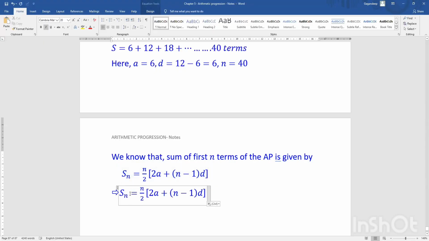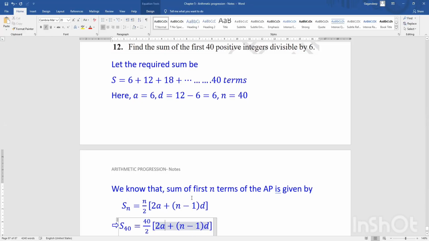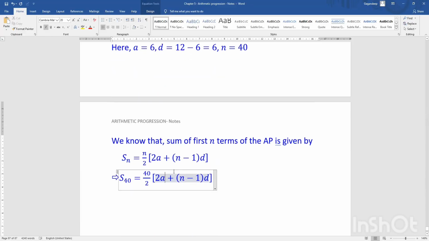Instead of n, I'm going to replace it with 40, here also 40. We already know the a value, 6, and n is 40, minus 1, into d value, which is 6.